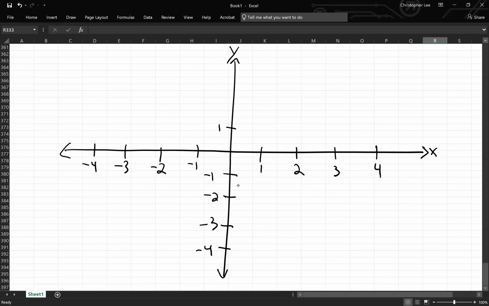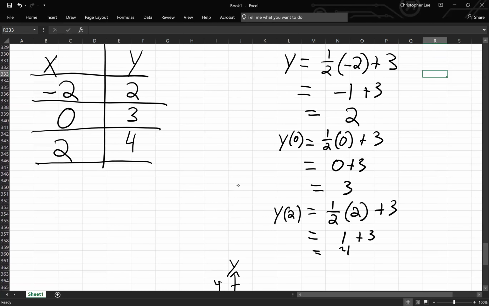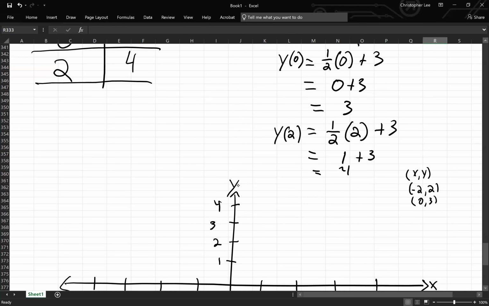Let me try it again. 1, 2, 3, and 4. All right. So now let me just scroll up. What are the points that I have? Remember that your points are always x comma y. And my points here are going to be -2 comma 2, 0 comma 3, and the last point, 2 comma 4.